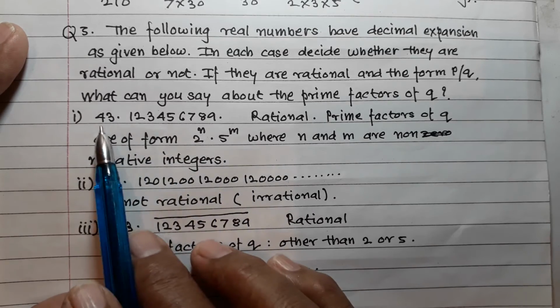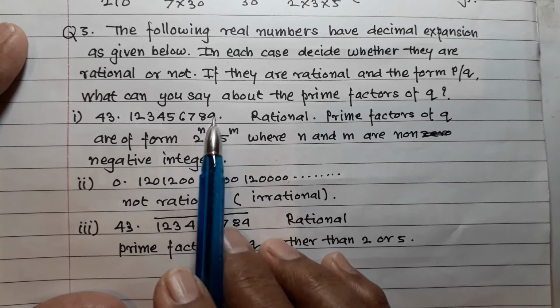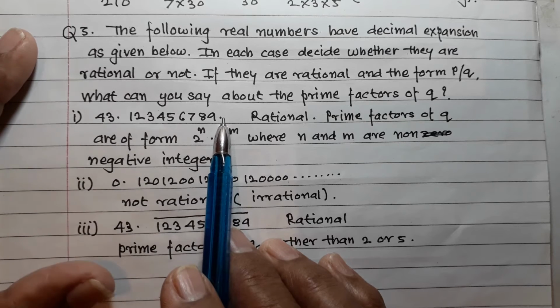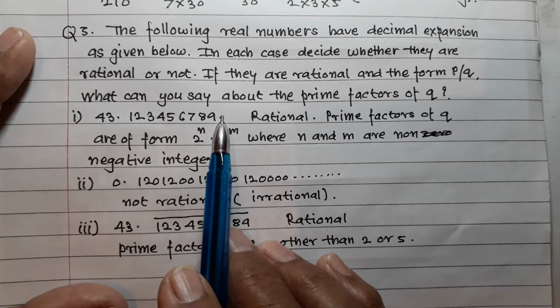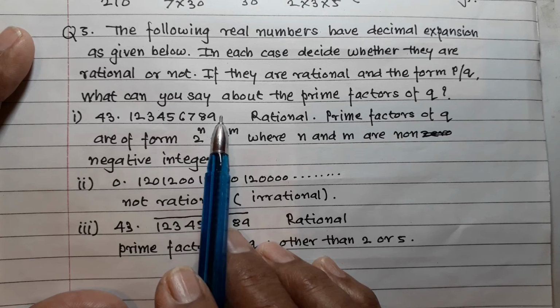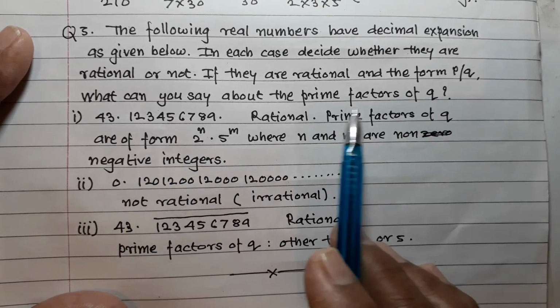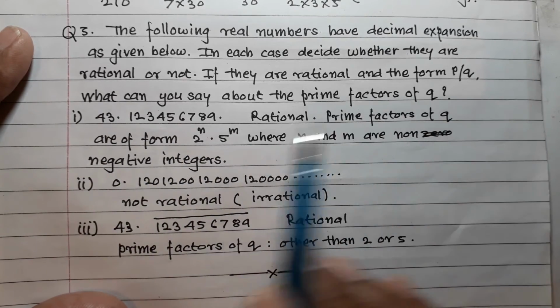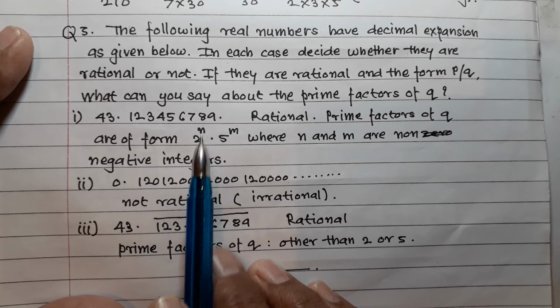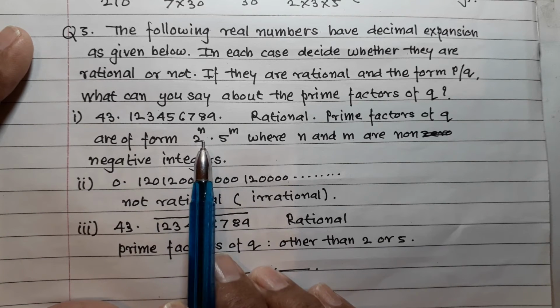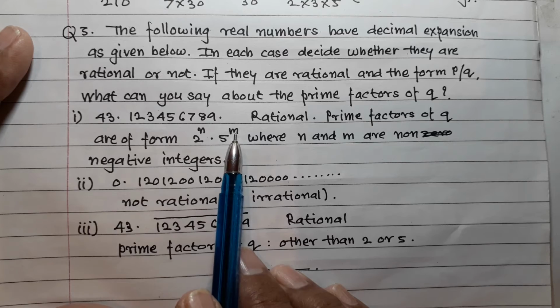Okay, so observe this properly. Here this point is very important. This point means it is terminating, and if it is terminating, then the factors of q are of the form 2 raised to n into 5 raised to m.